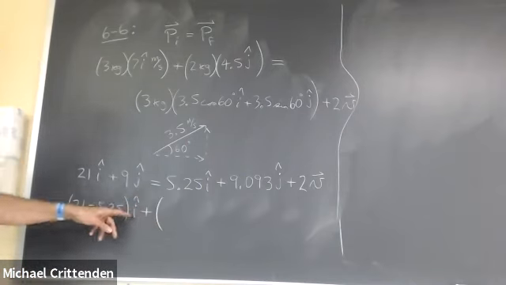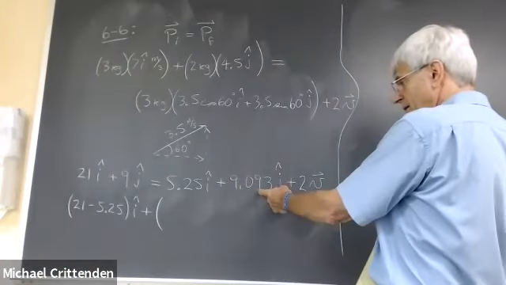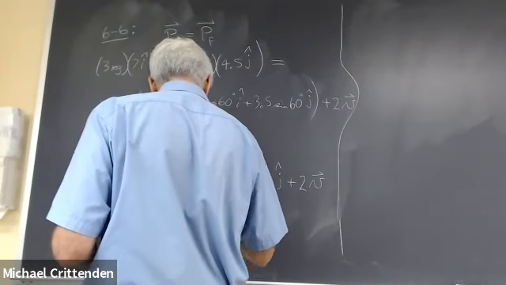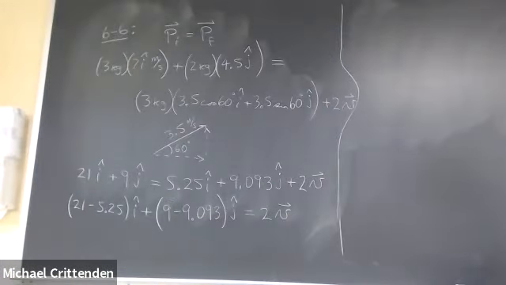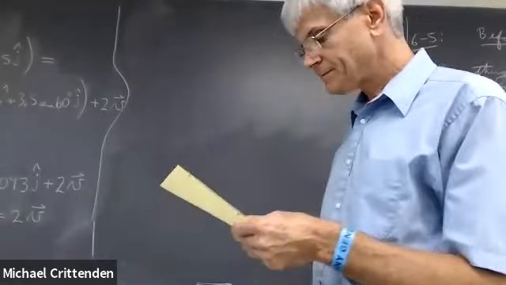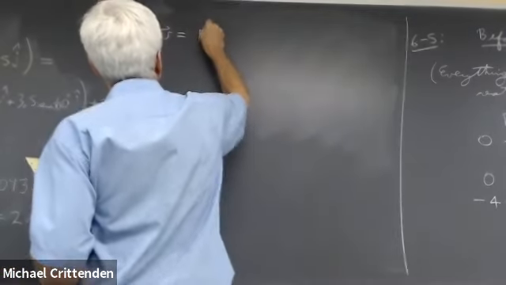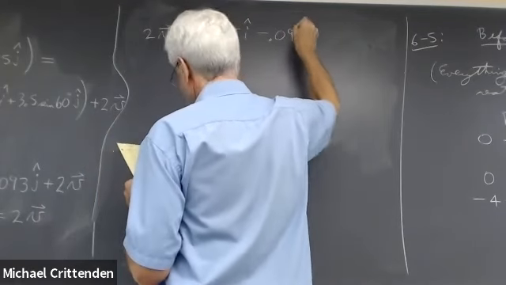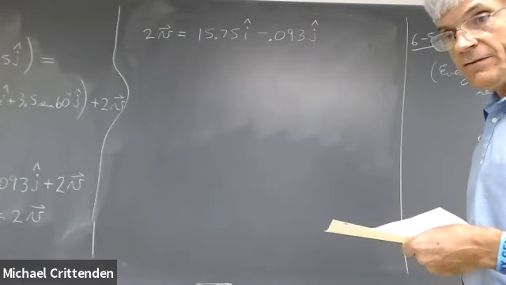Subtract this from both sides, and then combine it with this other term by factoring out the I. Likewise, subtract this from both sides, and then factor out the J. And it's time to move over here again. Finally, divide by 2 to solve for V.